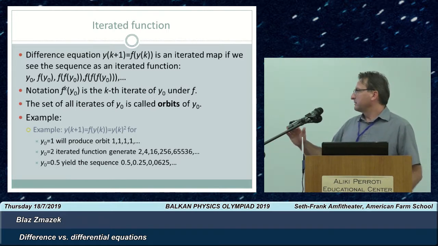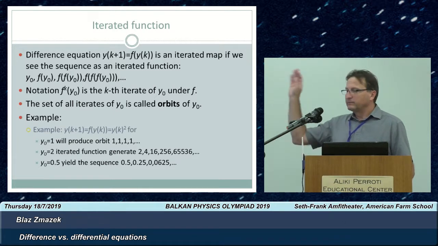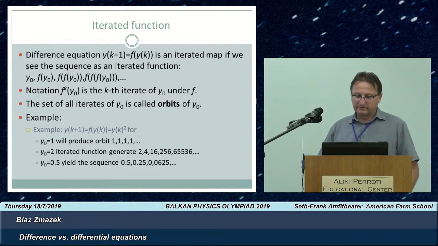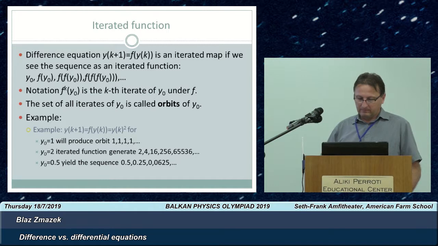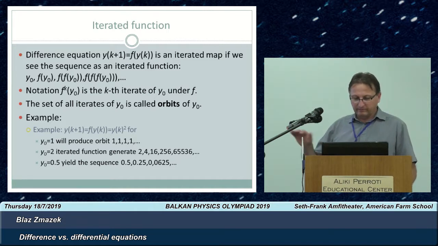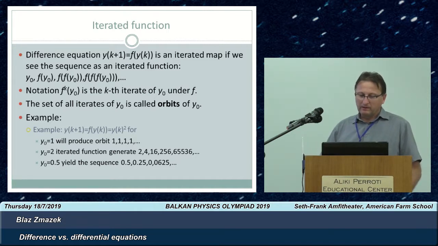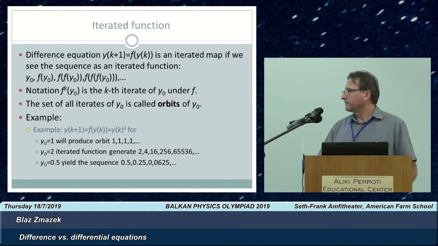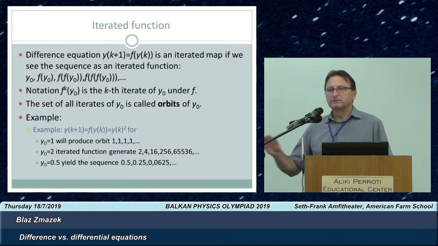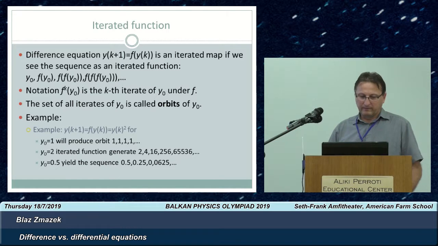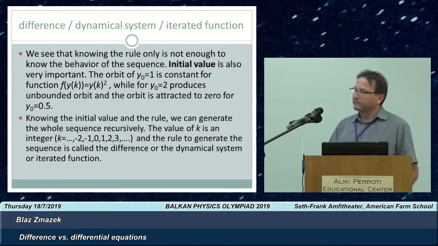We see it's going up, and we cannot find a maximum number. In the third example, if we take the initial value half, 0.5, then this sequence will go to 0, getting less every time.